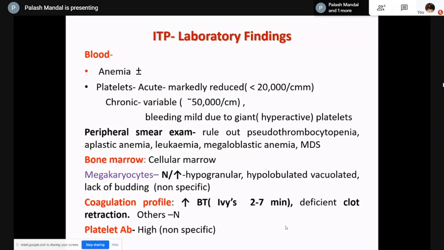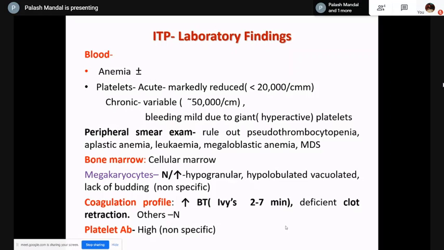What are the signs? Signs are elicited by the doctor who is examining the patient. Okay, anemia is a sign, and there are many other signs as well. So these things are signs. Signs and symptoms are different.